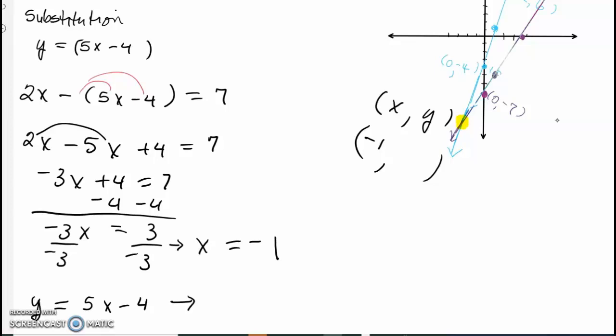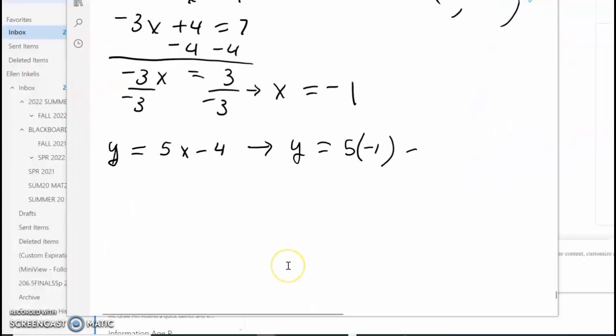So this becomes now y equals 5 times negative 1 minus 4, and the answer would be, let's see, this is negative 4, so the answer would be negative 9.